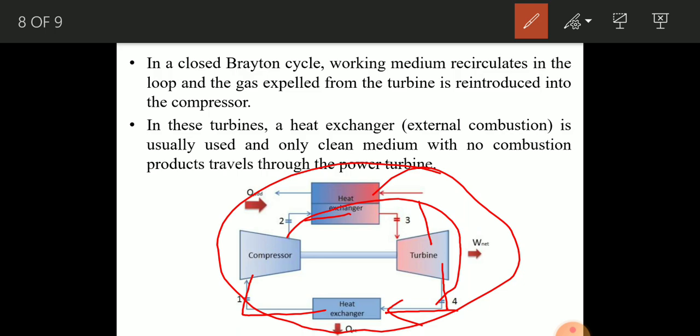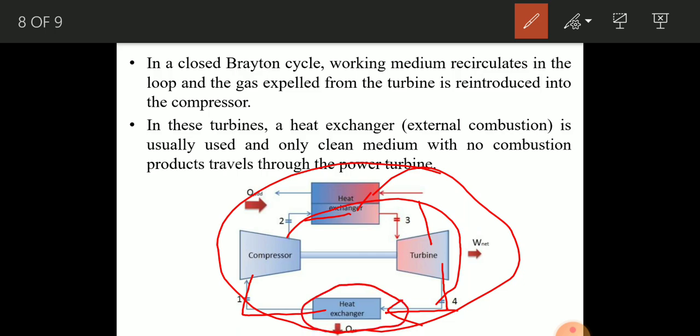In this turbine, a heat exchanger, now these are the heat exchangers, is usually used to keep the medium clean, with no combustion products traveling through the power turbine. Now how does the operation take place? The operation is the same as that of the open cycle turbine, the only extra part here is the heat exchanger.